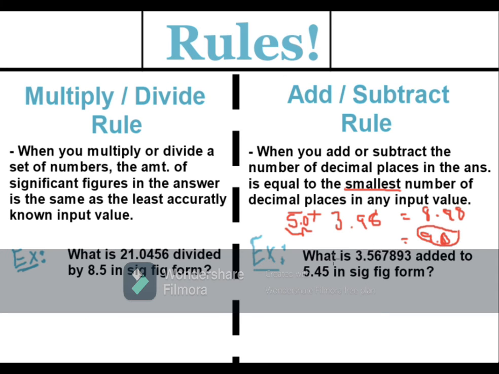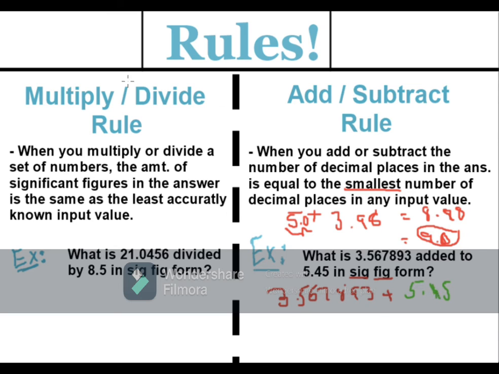So let's look at a real example. What is 3.567893 added to 5.45 in sig fig form? That's how they say it, since it's easier to write in the question. So 3.567893 plus 5.45.